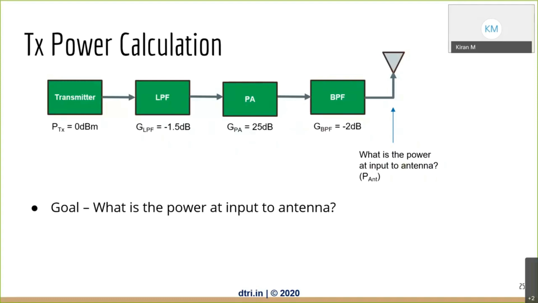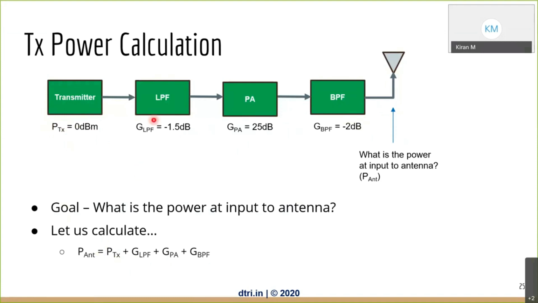So what do we do? Since it's all in dBs, the calculation becomes simple. You take the input power. I have 0 dBm power coming into the system. Then I add different gains. So I have PTX, the transmit power, which is given by the low power section. Then these are all the different RF blocks that I have.